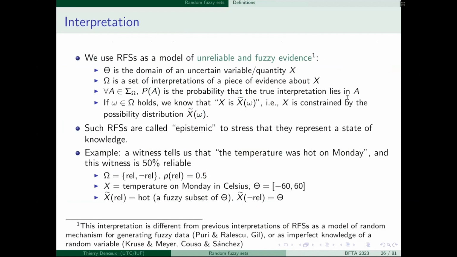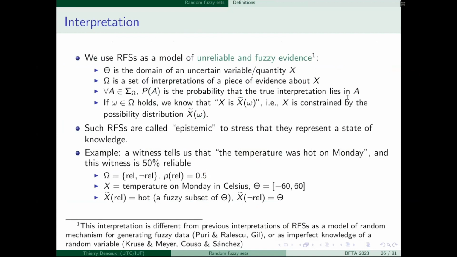So I call such fuzzy sets epistemic because they represent some state of knowledge after obtaining some evidence. Here I acknowledge that this notion of random fuzzy set as a mathematical notion is not new. I didn't invent it; it has existed for a long time, but it was mainly used as a model of a mechanism for generating fuzzy data.